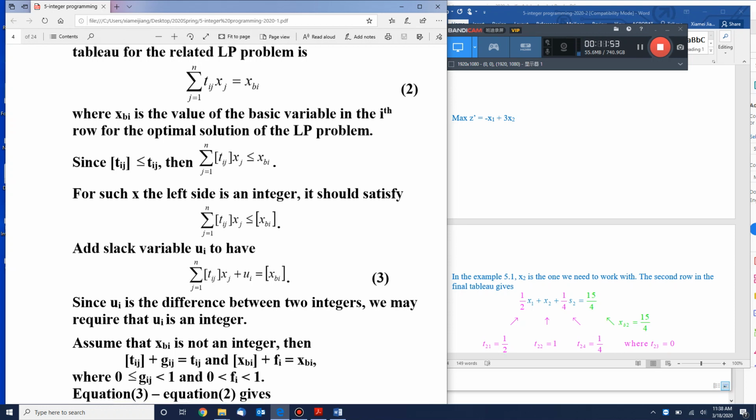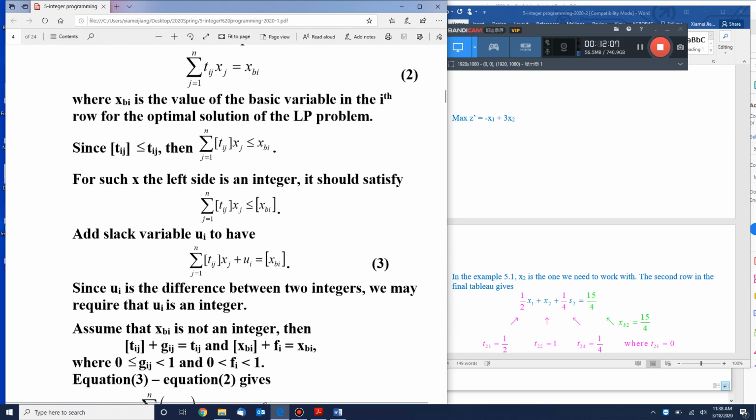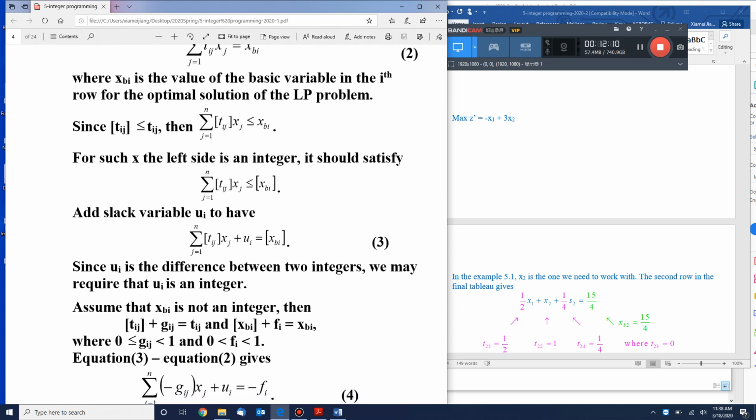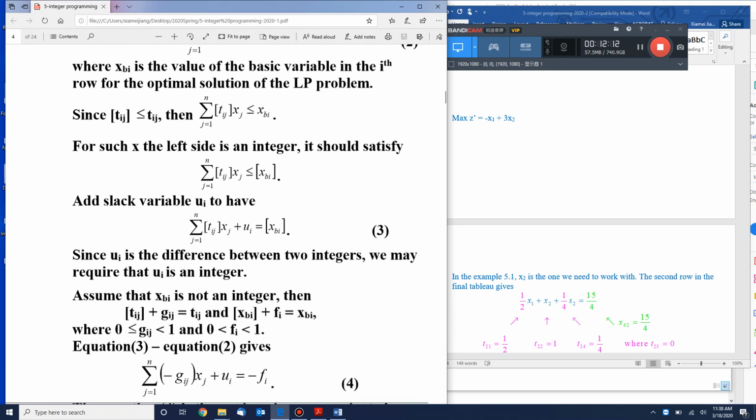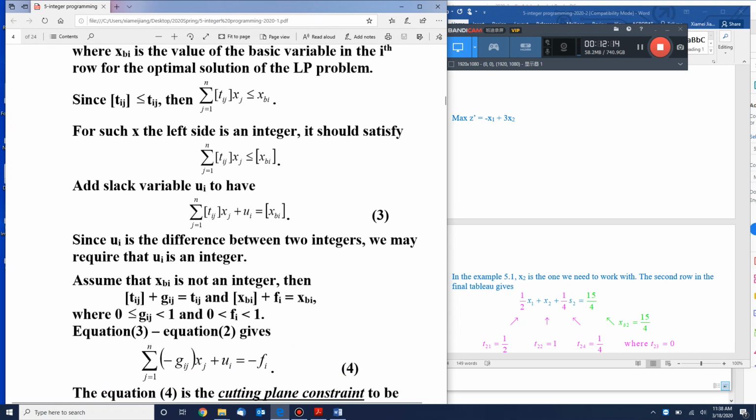Now we use equation 3 minus equation 2 and collect those variables. We can get that all the xj have coefficient minus gij, and we keep ui, and the right side is minus fi.